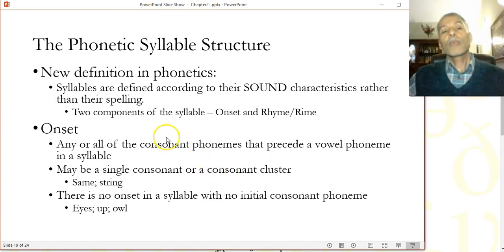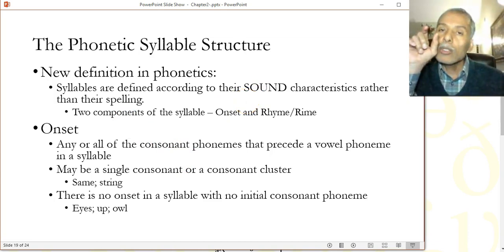So now, a syllable is based on the sounds it has. A syllable is a component of the language that must have one vowel. Any of these 14 vowels that we described, one. And it can have anything else with that.